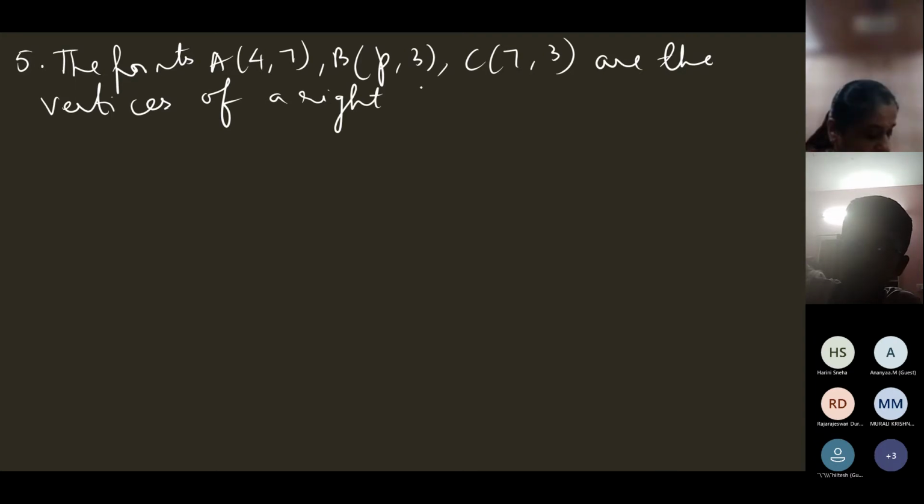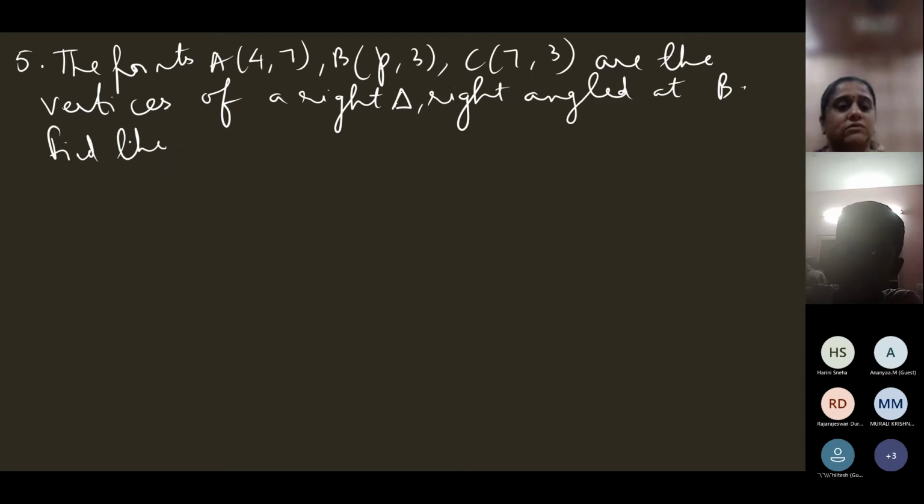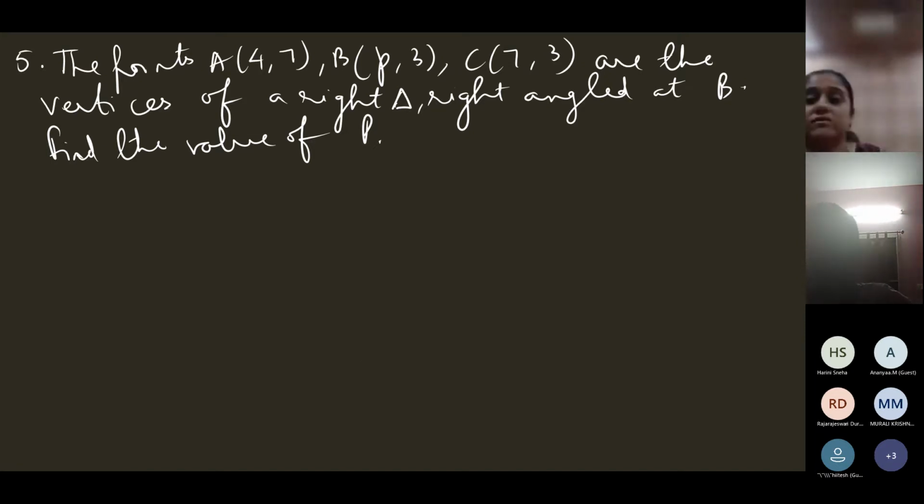It's given that they are the vertices of a right triangle, right angled at B. Find the value of P. So these points are the vertices of a right triangle, right angled at B. Find the value of P.